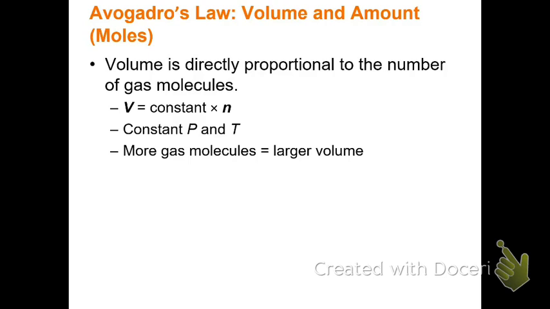According to Avogadro's law, the volume is directly proportional to the number of gas molecules. So if you were to increase the number of gas molecules, you're also increasing the volume because the pressure and temperature have to remain constant.